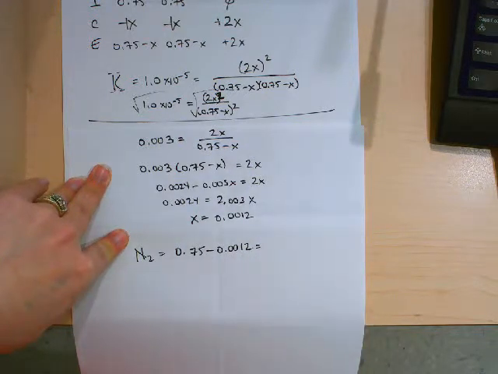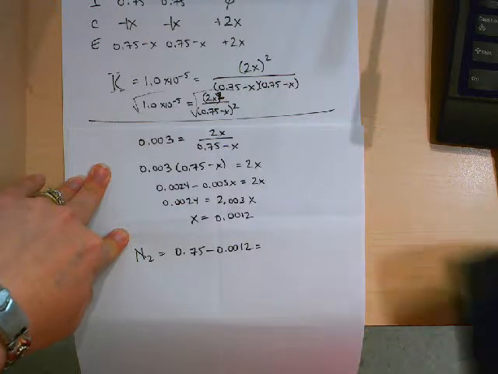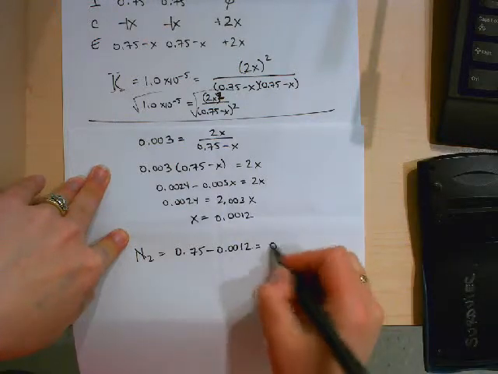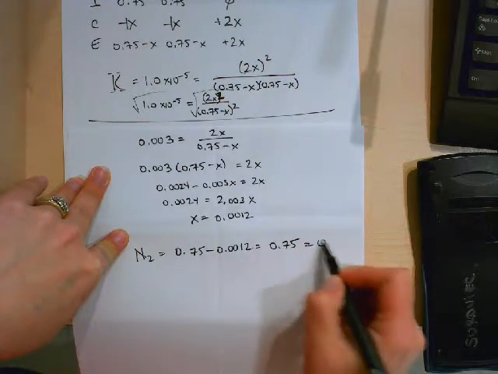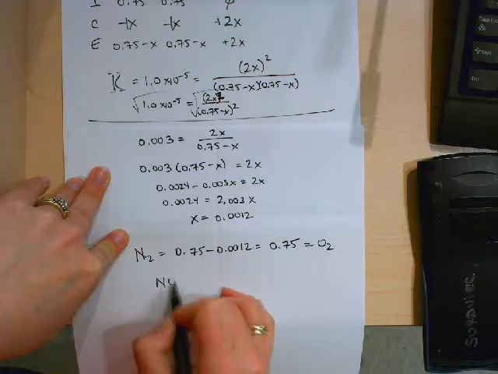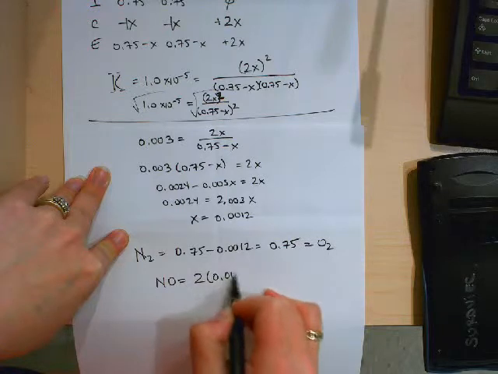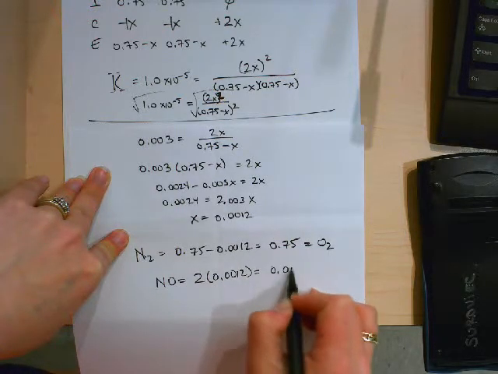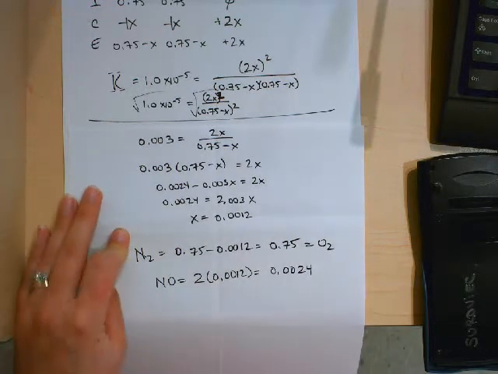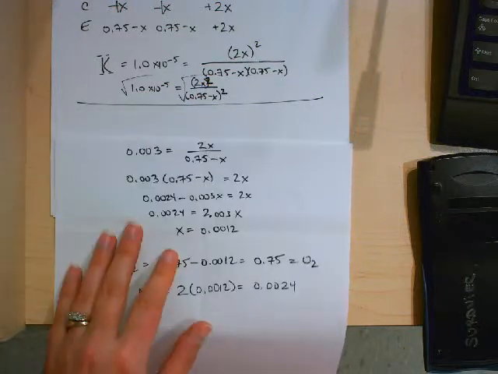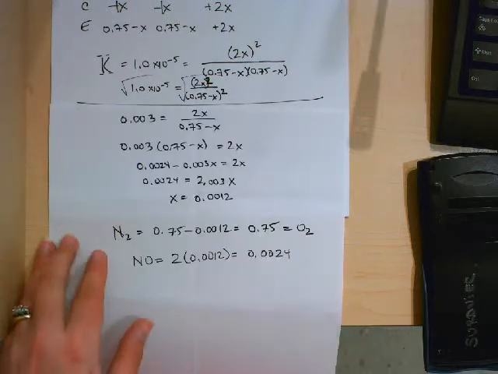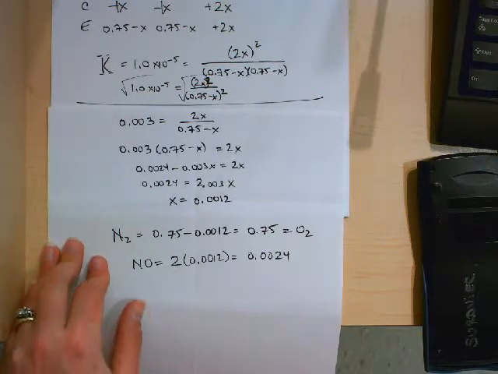What is that? I think it's the same value. It'd be 0.75, using sig figs. It's changed nothing.